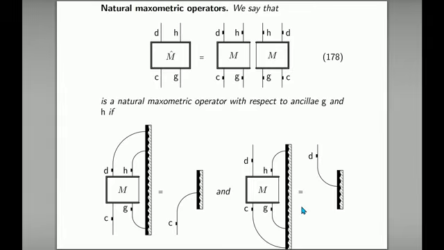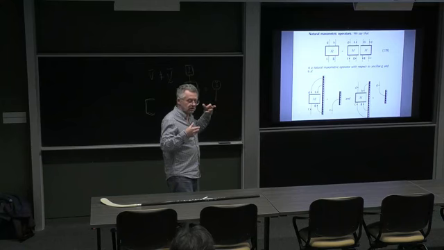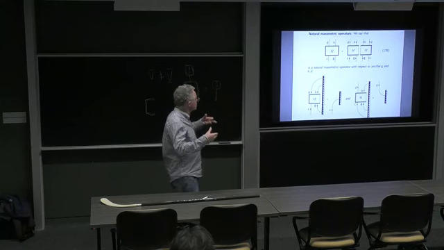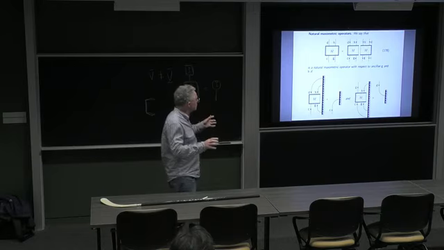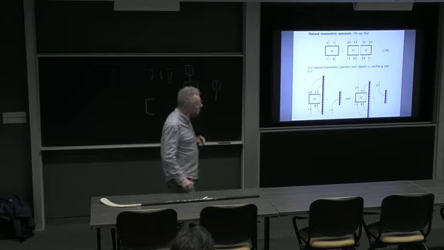So there's another really useful concept, which I call a maxometry. That's combining the words maximal, from maximally entangled state, and isometric, or coisometric. And I won't explain exactly why that's the right word. I explain it in the book.